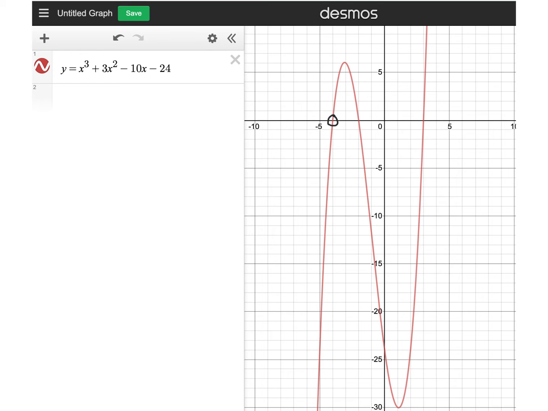That looks like it might be -4. Another answer maybe is -2. We'll know for sure soon. And another answer might be 3. So the ones we need to look at are -4, that might be a 0, -2, and +3. Let's look at these.